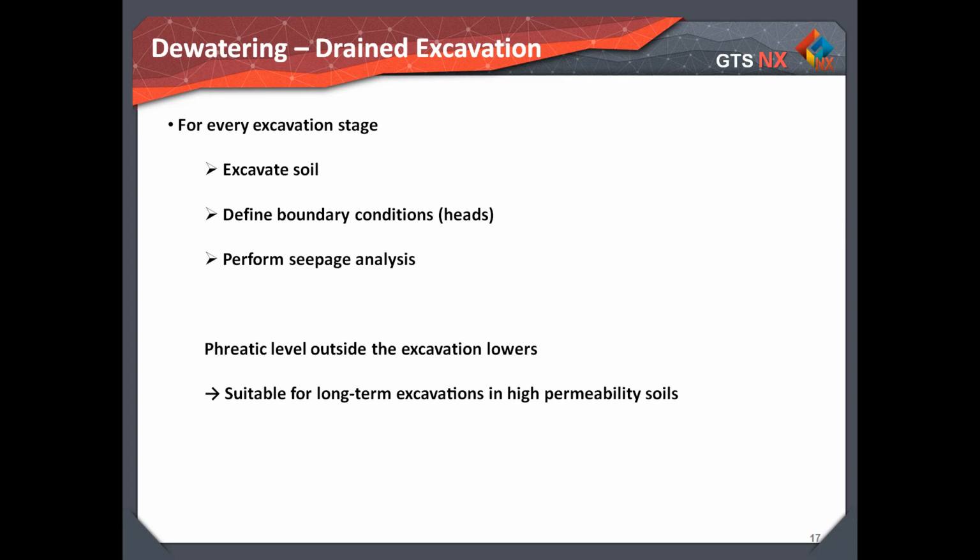In case of drained excavation, similarly for every excavation stage, firstly excavate soil and define boundary condition using the head boundary and perform flow analysis. The water level outside the excavation lowers, so it's suitable for long-term excavation in high permeability soils.